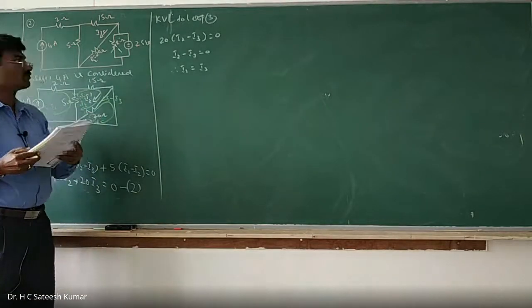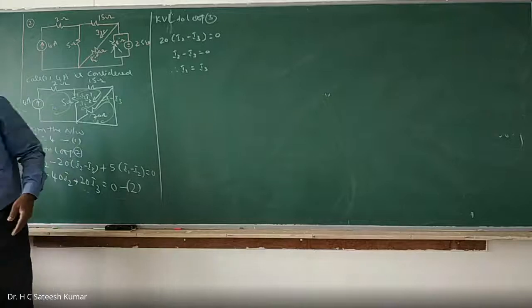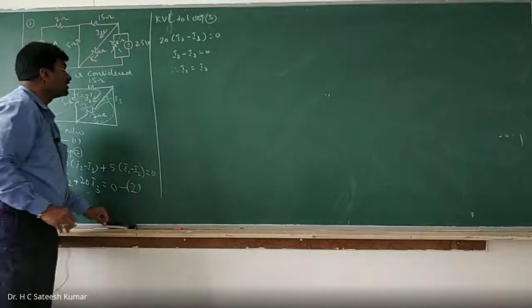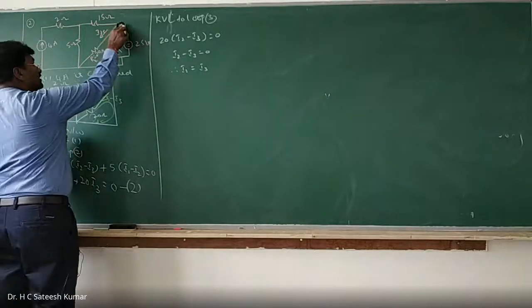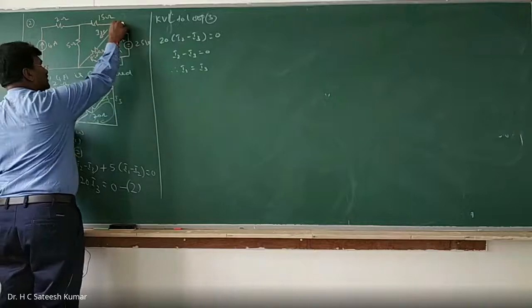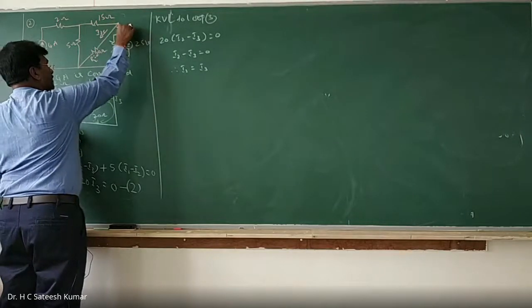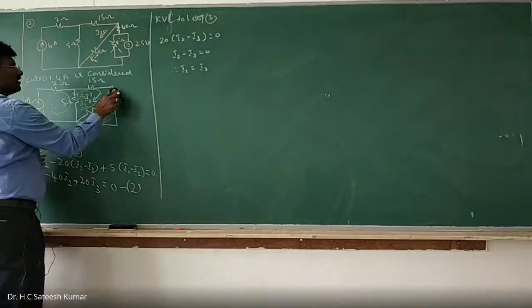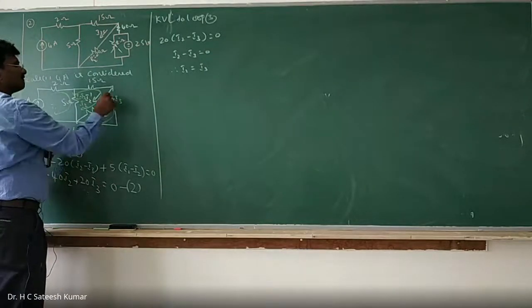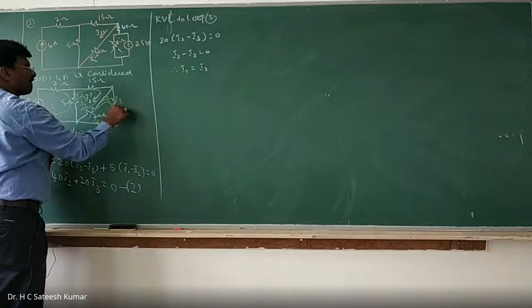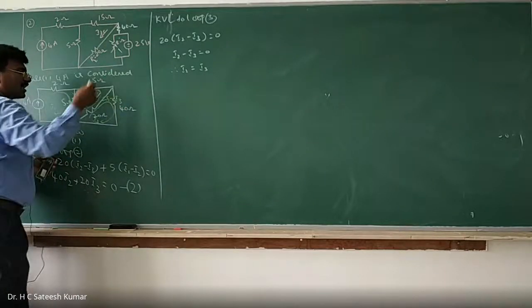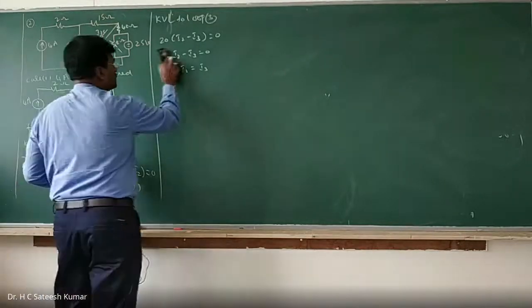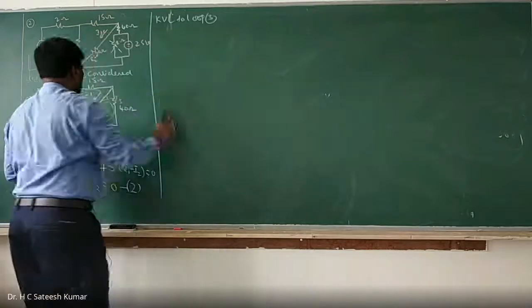Oh, we left out one resistor. That's why it is coming like that. Sorry, one minute. Here, one resistor is left out, a 40 ohm resistor. If that is the case, then here we'll get one 40 ohm resistor. Otherwise, the current would have been 0. So loop 3, we have this one.